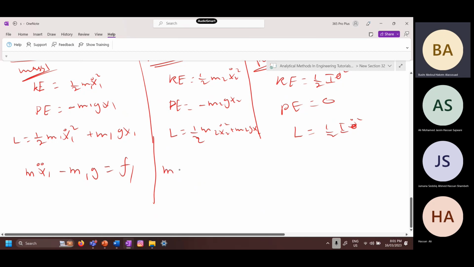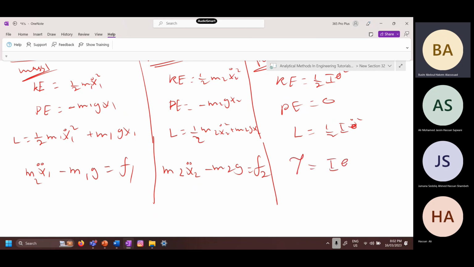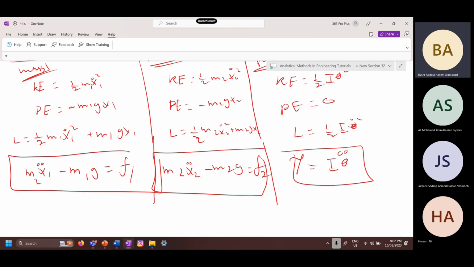Here you'll get m2 x2 double dot minus m2 g equals f2, the second mechanical module. Here, the torque is equal to I theta double dot. Okay, these are the solutions for this system.